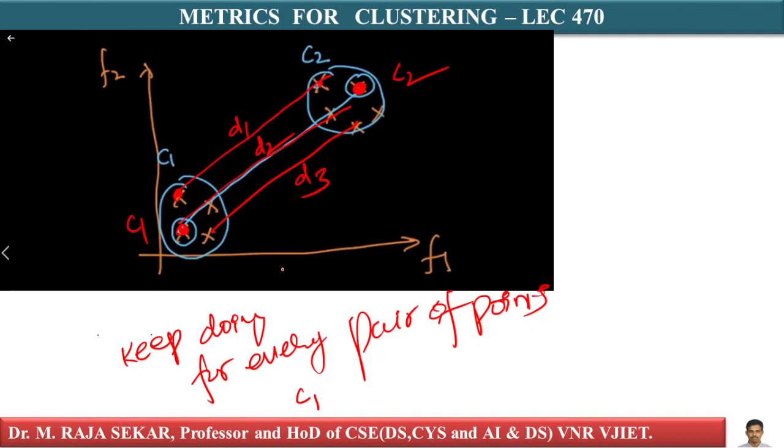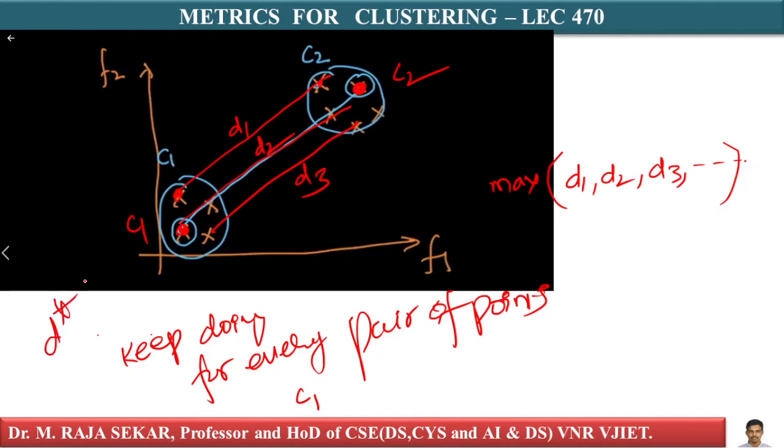Compute the distances D1, D2, D3, and so on, and take the maximum distance, the max of D1, D2, D3 and so on.